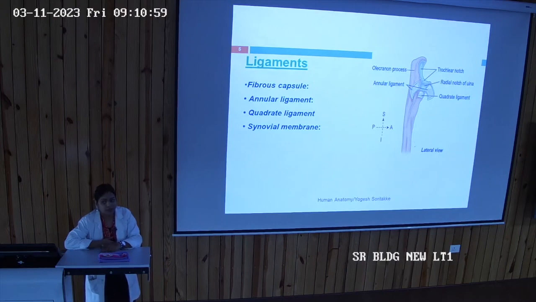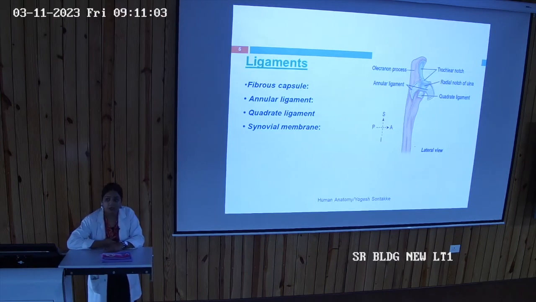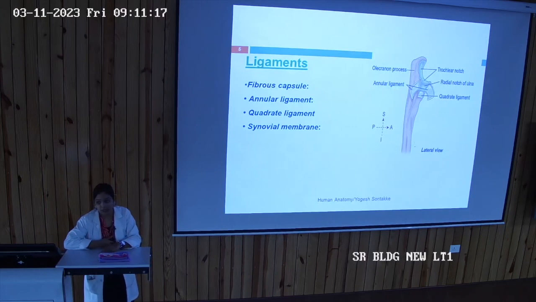So what we have discussed till now, for the latecomers, is the superior radioulnar joint, that it is a pivot variety of synovial joint. The surfaces participating in the formation of this joint are the circumference of the radial head and radial notch of ulna. Then the ligaments present here: capsular ligament which continues from that of the elbow joint and is attached to the annular ligament.